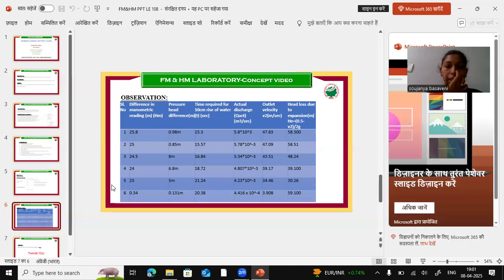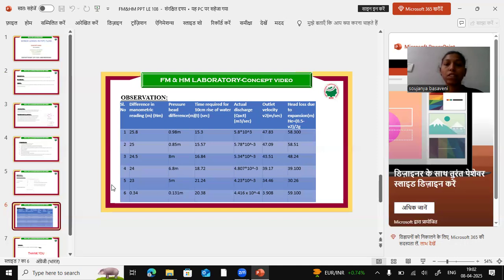The last reading we get is 0.34, the difference in manometric reading. The pressure head difference is 0.131 meters. The time required for the 10 centimeter rise is 20.38. The actual discharge we get is 4.416 into 10 power minus 4 meter per second.